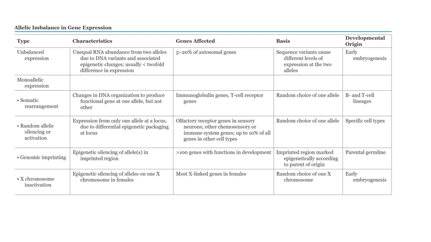We have the random allelic silencing or activation we find in olfactory receptors in sensory neurons. The genomic imprinting that we find in the parental germline cases, and another example of monoallelic expression is the X chromosome inactivation, which is an epigenetic silencing of the allele of one of the X chromosomes in females, which happens in most X-linked genes in females.